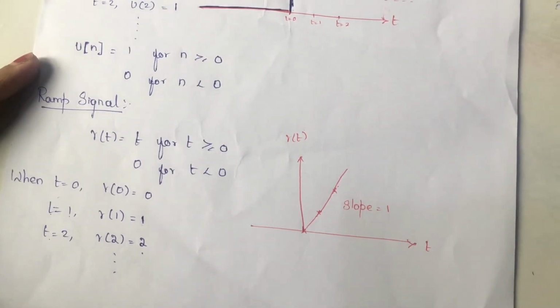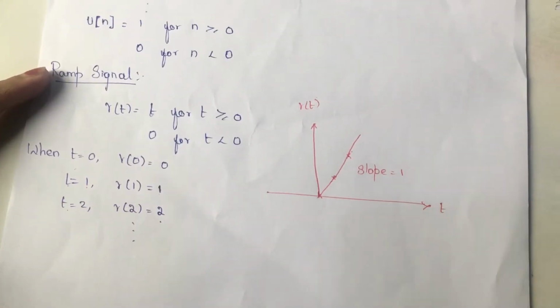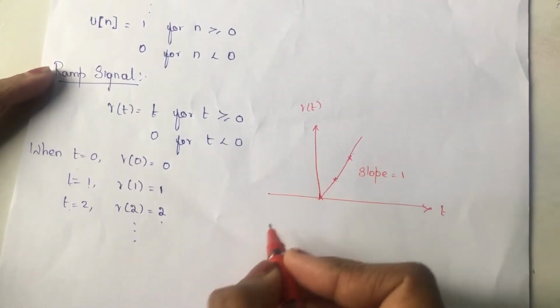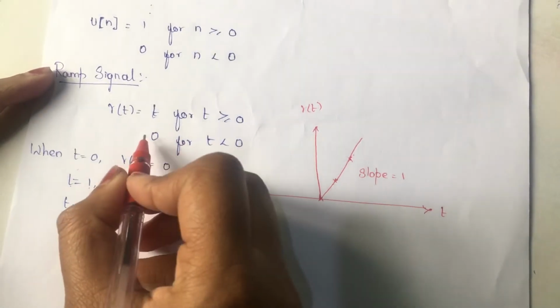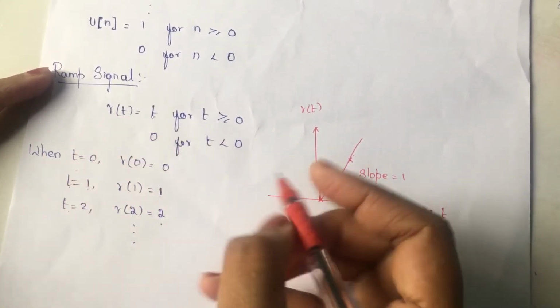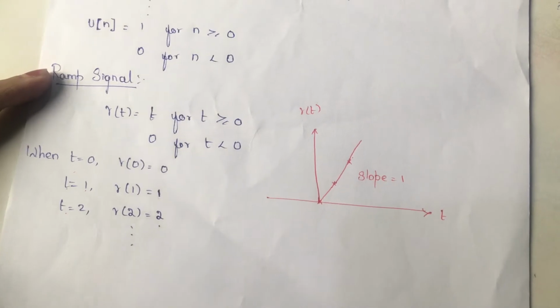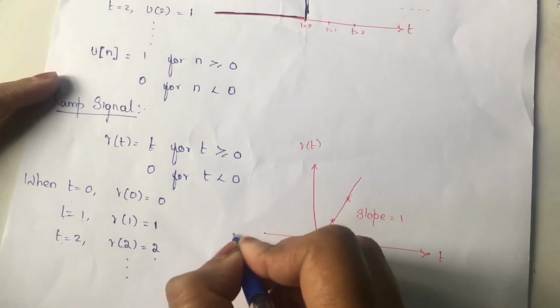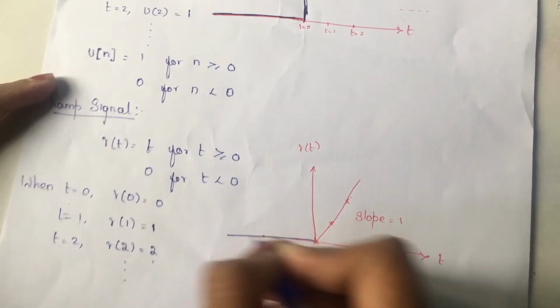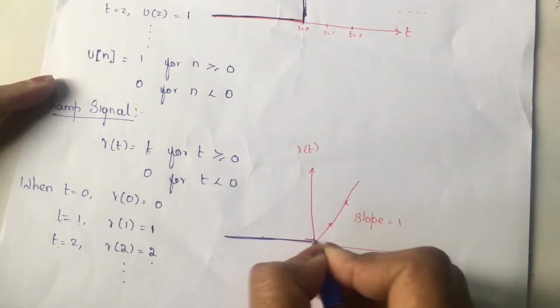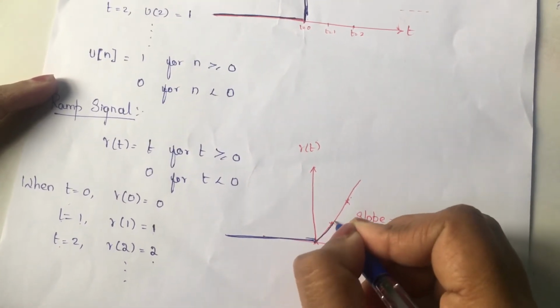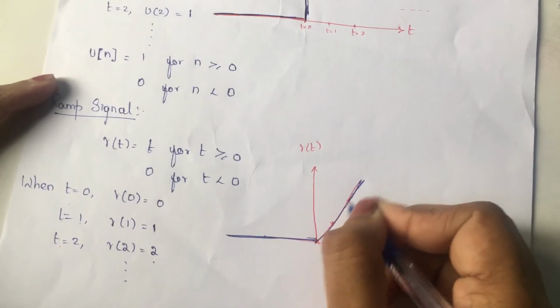One more thing, sorry, I forgot to say: on the negative side the function is 0, so the graphical representation on the negative side we can draw like this. On the negative side it is 0, and on the positive side we get one straight line.